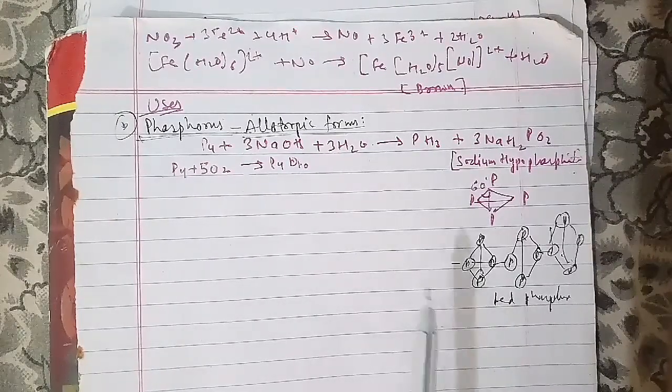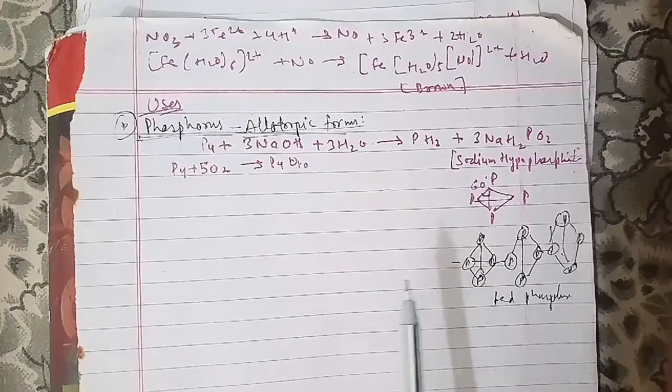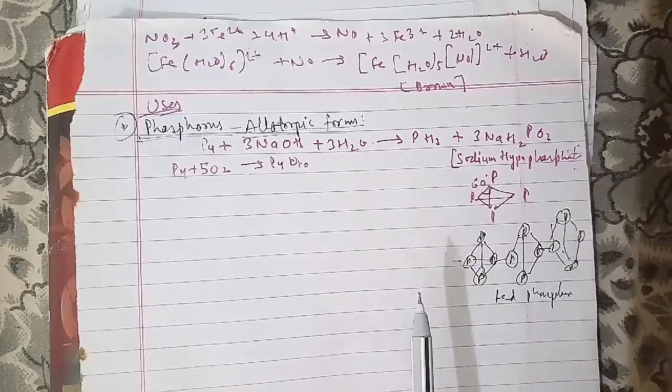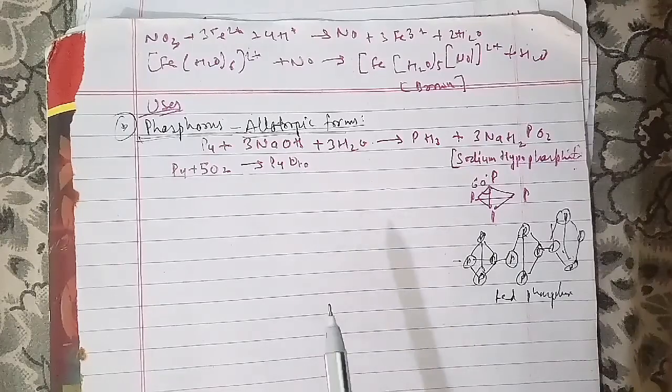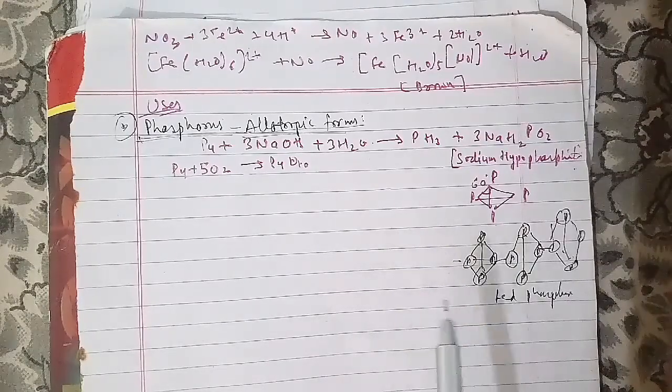Another equation is Ca3P2 plus 6HCl gives 3CaCl2 plus 2PH3.